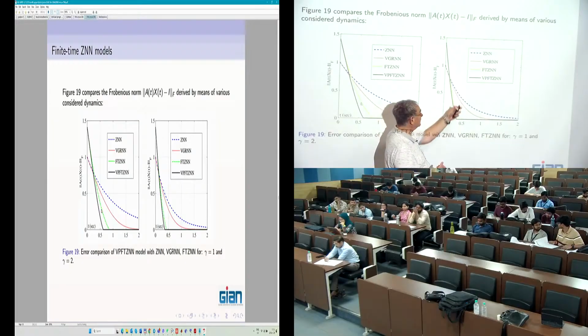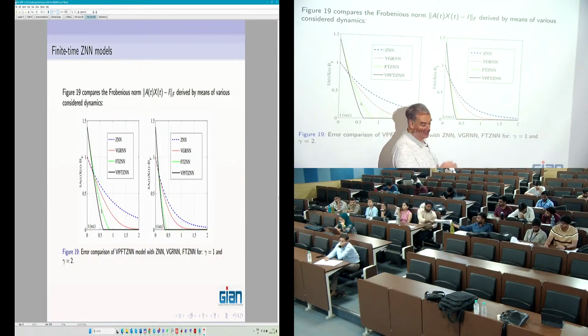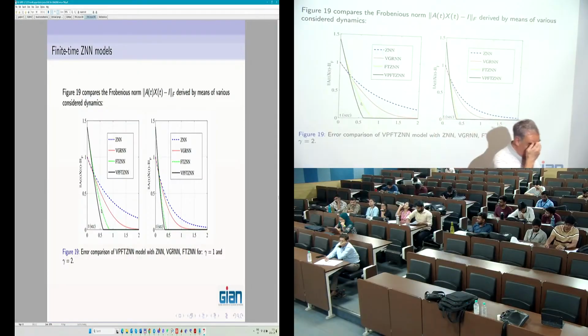The green case is the first finite time convergence ZNN model. Black was an improvement of this finite time ZNN model. Is it possible to define future improvements of finite time convergent models? Possible?